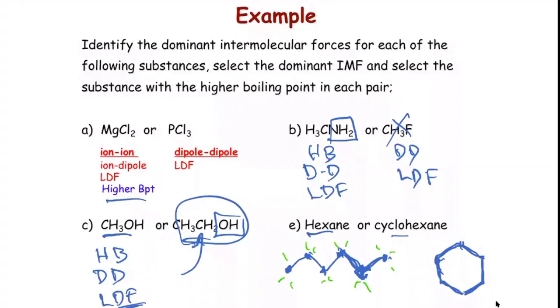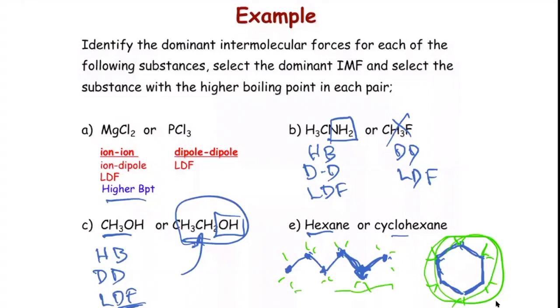Here, each of these has 2 hydrogens, and I'm not putting the H's, I'm just showing you the bonds coming off those carbons. But this is more compact. This one is more stretched out.